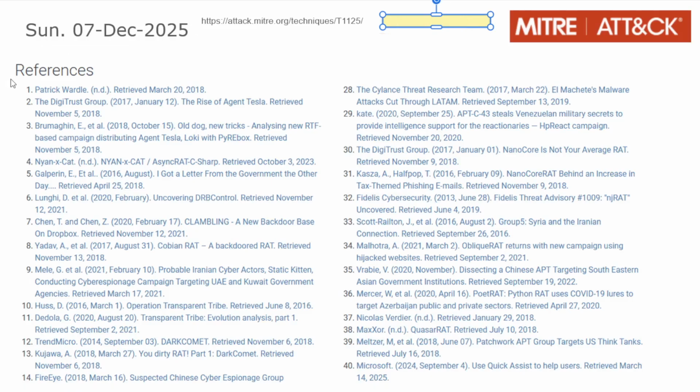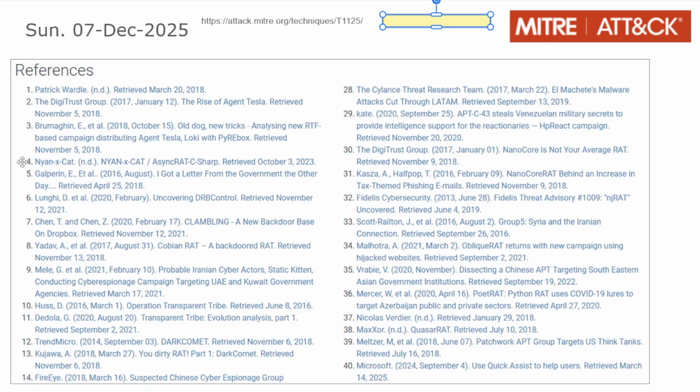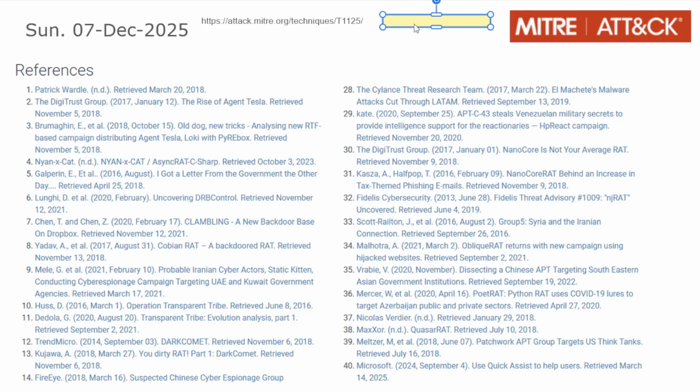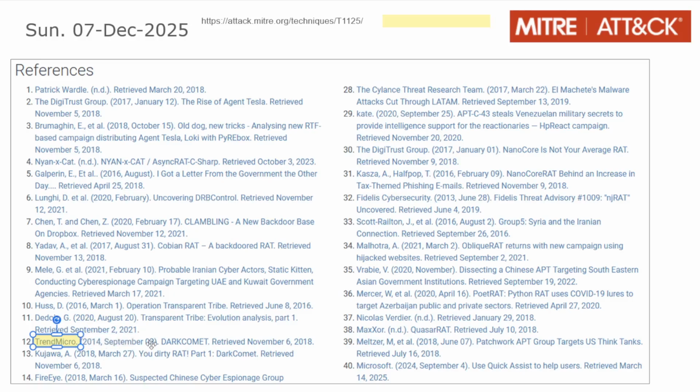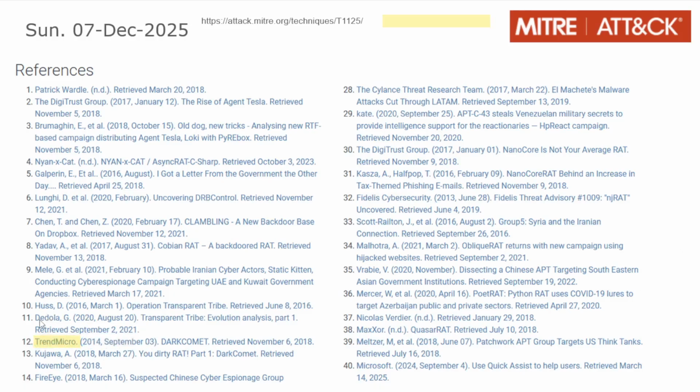So here we have some names I'm not familiar with. Trend Micro is doing its job here. That's good. So I always fall back to actors here, FireEye, that I'm familiar with.